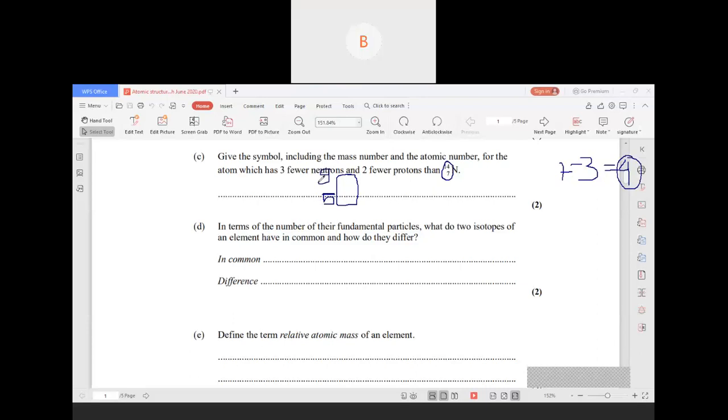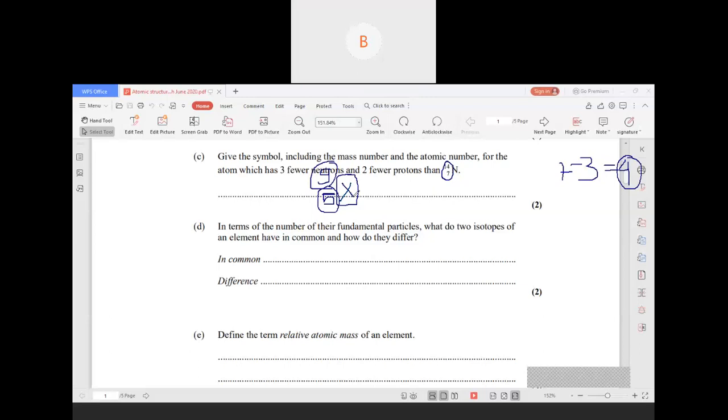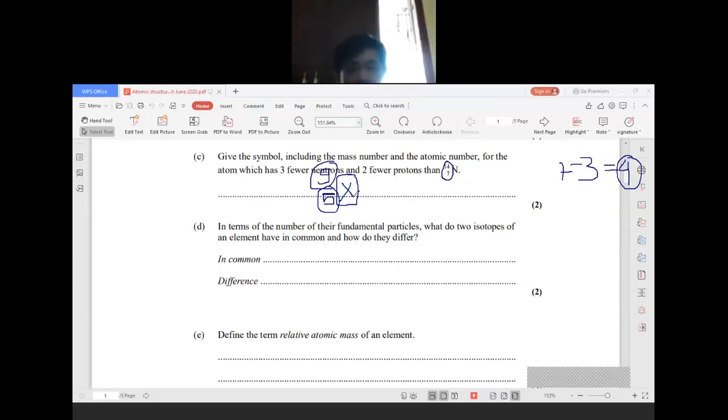What is the element that has the mass number 9, and then the proton is 5? What is the element? I don't remember, sir. Of course, I also do not remember.